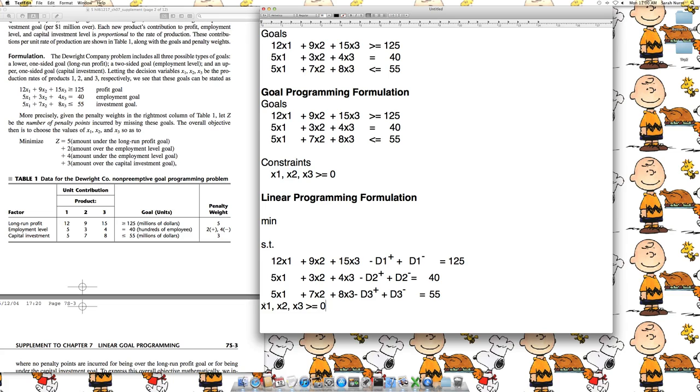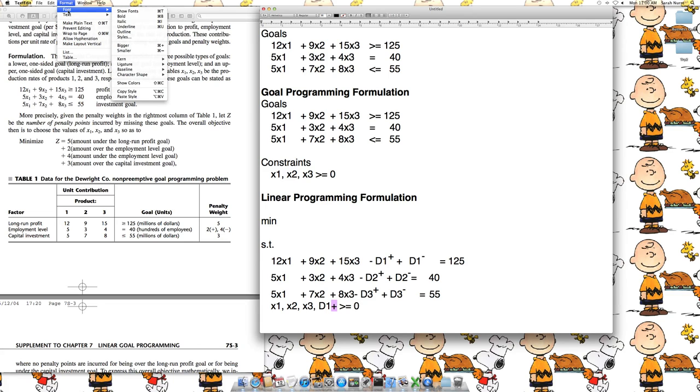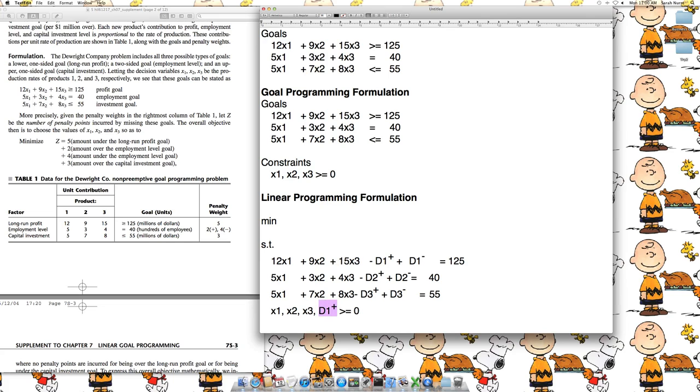So I'm going to keep that, but I'm also going to add that my D1 plus D1 minus, and then D2 plus D2 minus, all of those are going to be greater than or equal to 0.